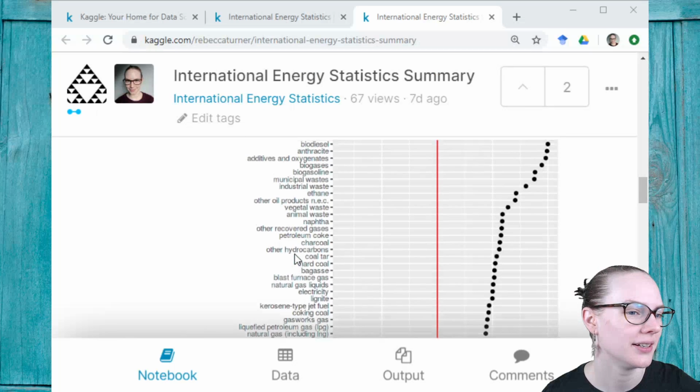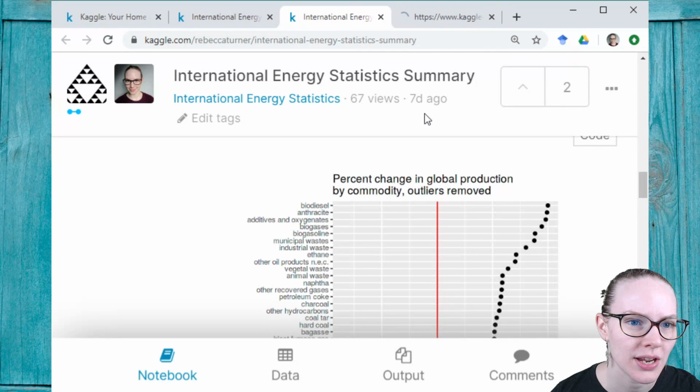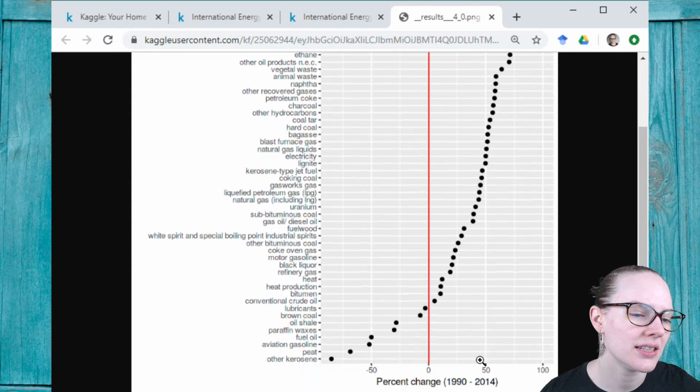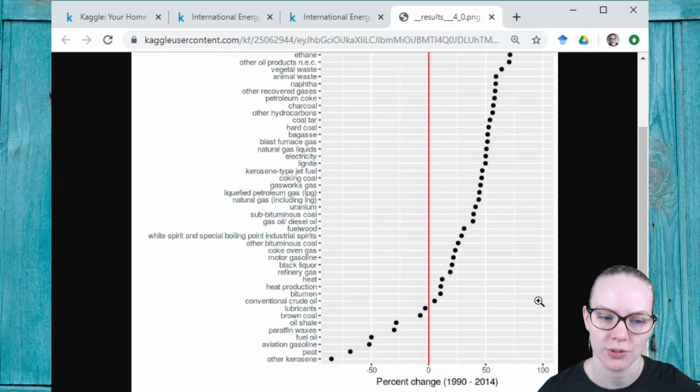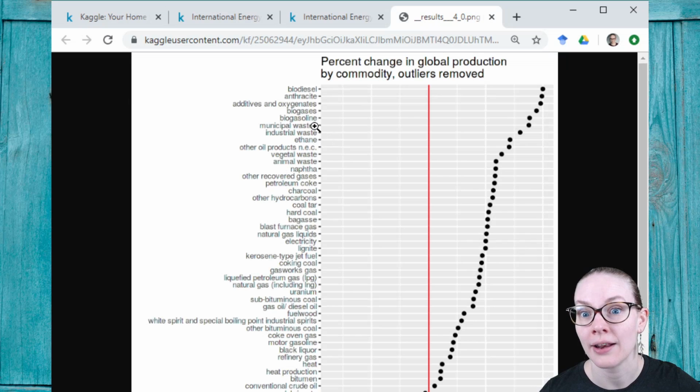And just as a little review of what we found last week. Actually, can I open this in a new tab? Will that make it easier to see? A little bit. So this is the percentage change in production between 1990 and 2014 of different global energy commodities.